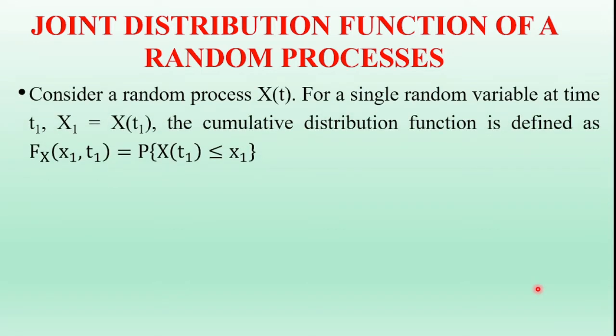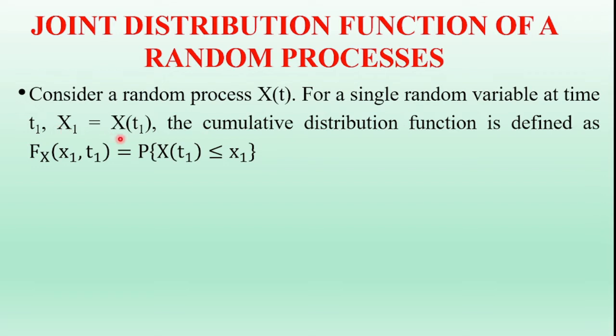So consider a random process X of t for a single random variable at a time t1. So X1 is equal to X of t1. X1 is the random variable, the random variable at a time t1 is X of t1.